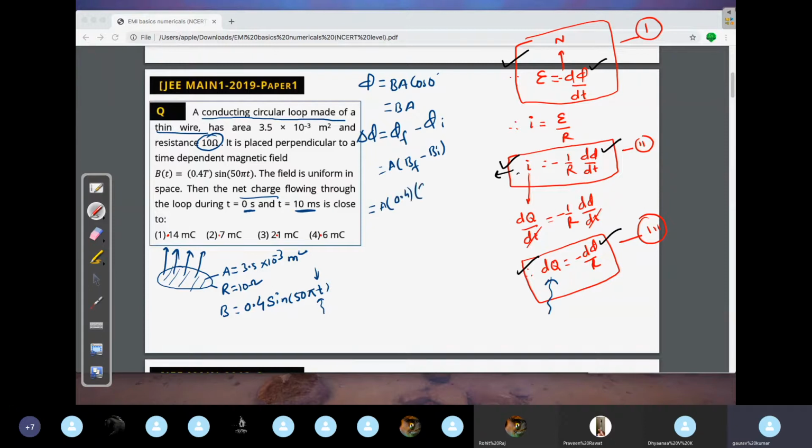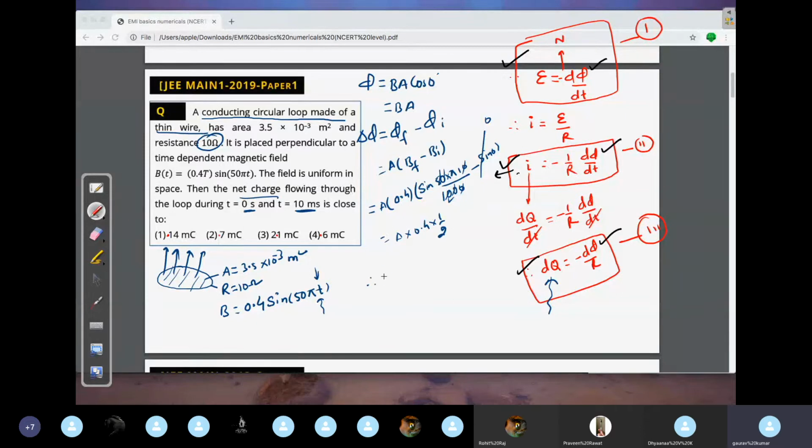What is remaining here? Sine of 50 pi times the final time, 10 milliseconds, that is 10 by 1000, minus sine 0, since initially t is 0, so 0 only. You can cancel two zeros and get 2, so pi by 2. So we will get A into 0.4 by half.